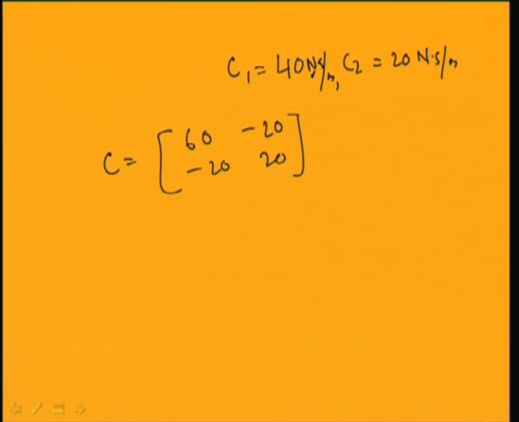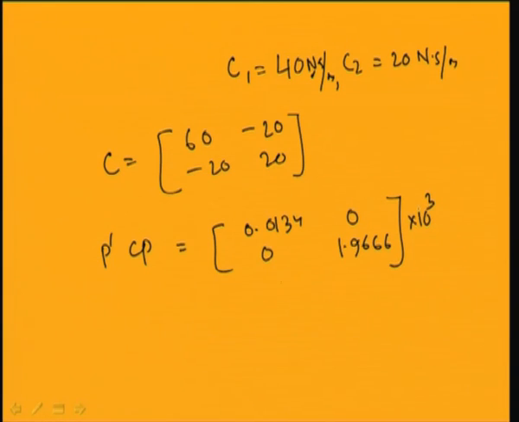So P dash C P will be equal to 0.0134, 0, 0 and 1.966, into 10 to the power 3. This P dash C P is a diagonal matrix, so you need not convert it to the proportional form, and you can write this equation in this form.